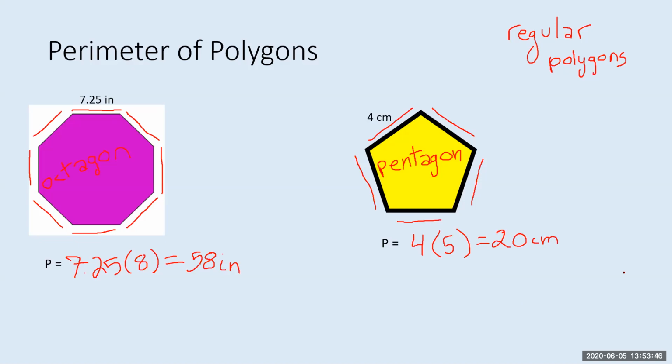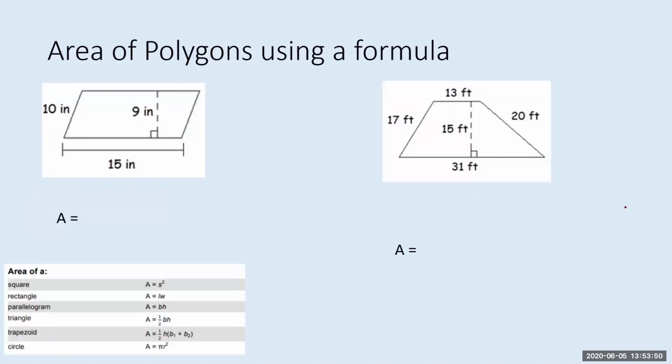All right, so on the next screen here, we're going to get some practice with calculating area of the shapes that we did not talk about last week that are on our formula sheet. So last week, we worked with squares, area of squares, area of rectangles, areas of triangles, and areas of circles.